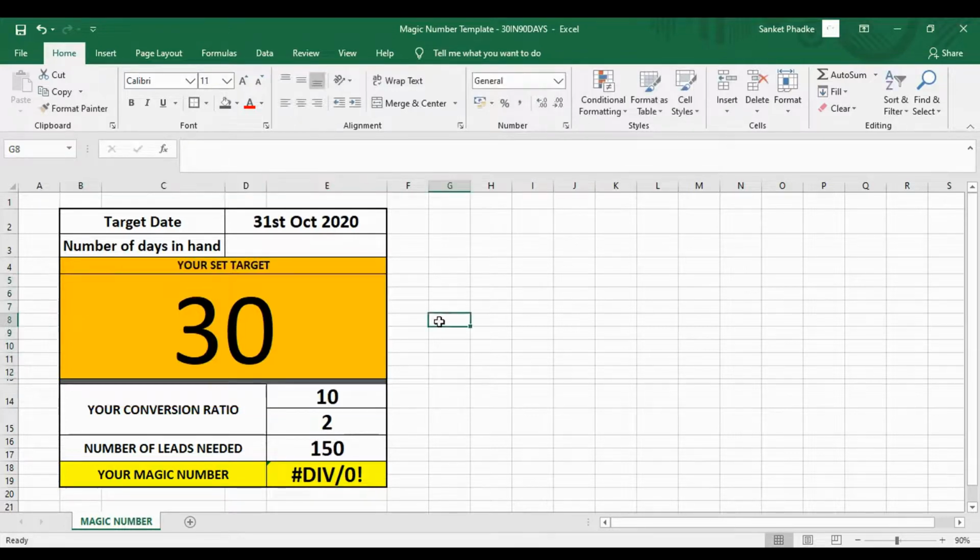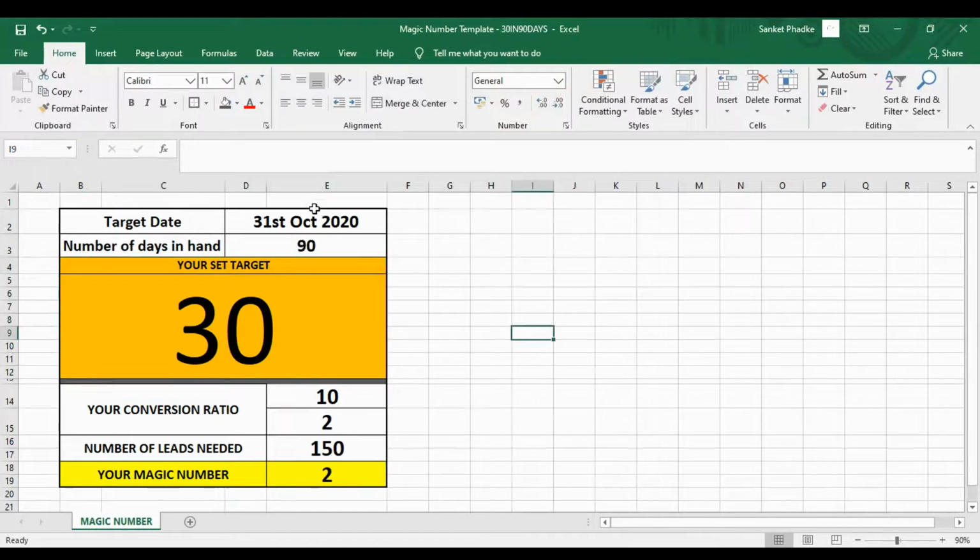Now, once we have this, we'll also have to calculate the number of days that we have in hand. Okay. So we have considered 3 months. That means we have 90 days in our hand.